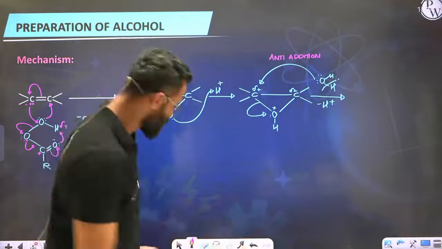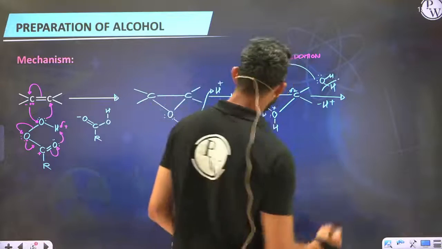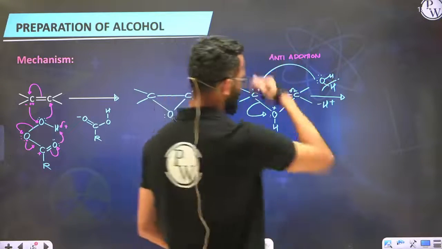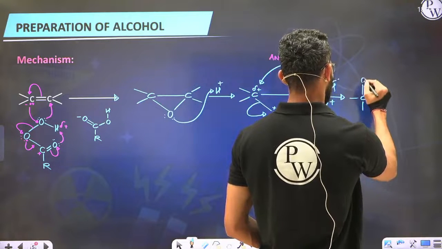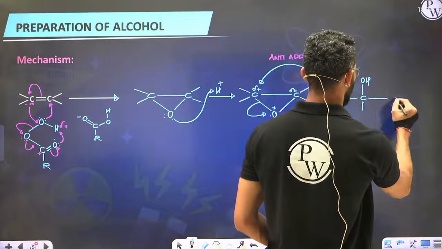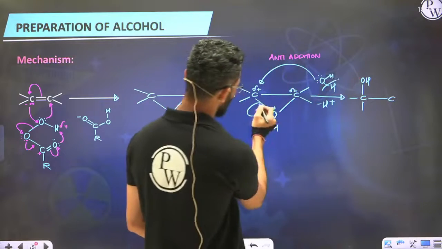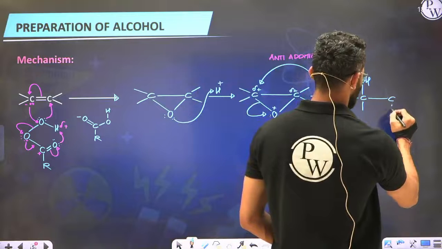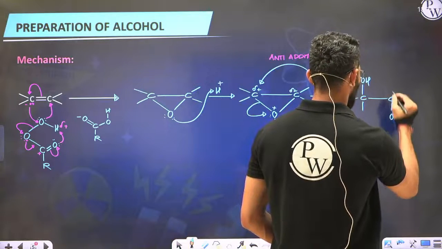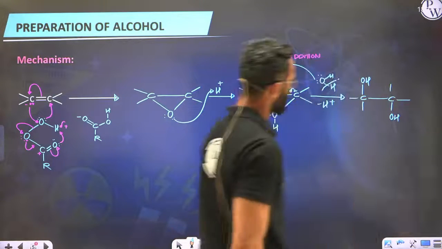Alright, so in your final product everyone, we will be getting this OH. Let's say I'm showing it here. That is the newly added OH from water. This bond has been broken, so this positive charge on oxygen will get neutralized. So we have got the second OH and the remaining structure will look like this.